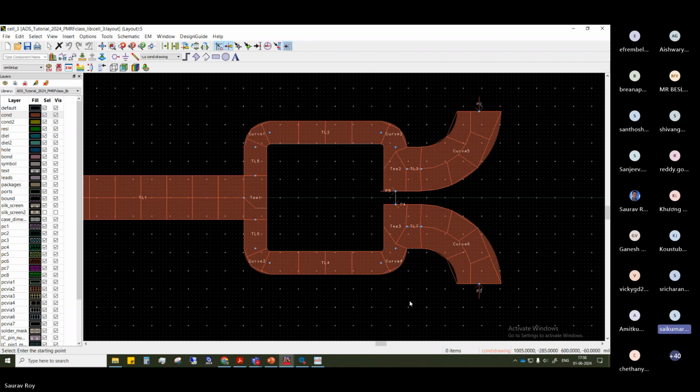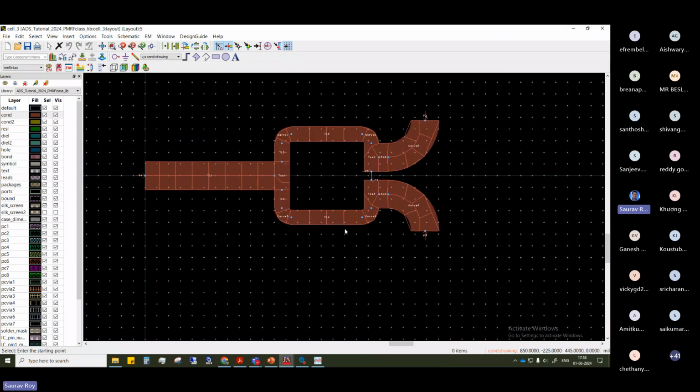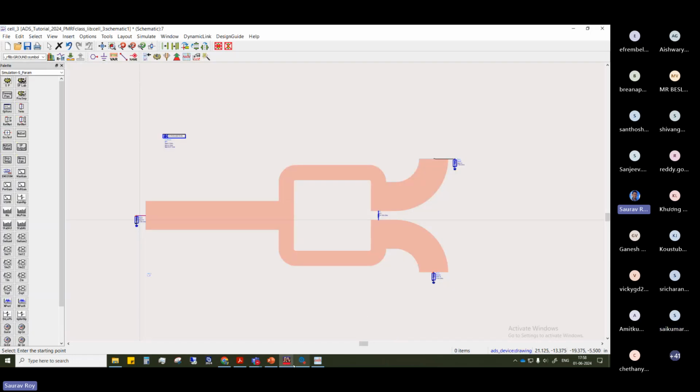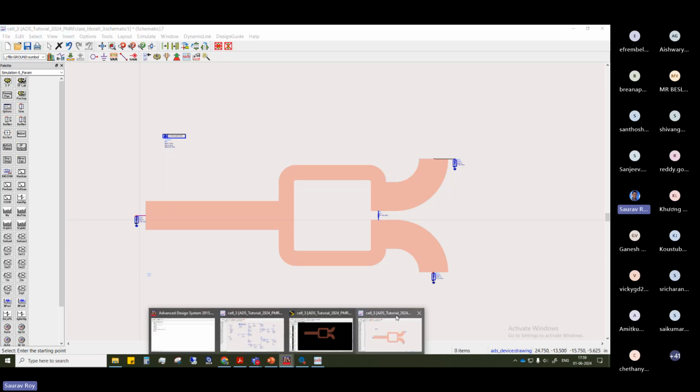But is there any variation in result if you are not placing resistance in EM simulation? Yeah, there might be a little bit of change. It might not be very big. It will be very close.